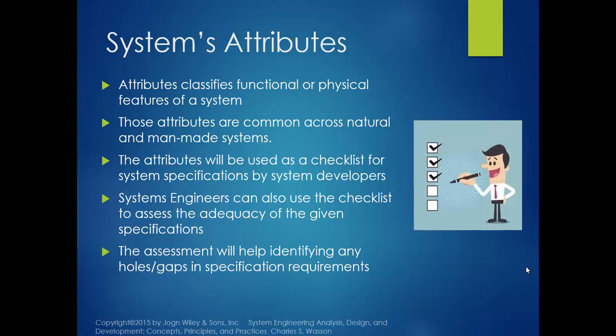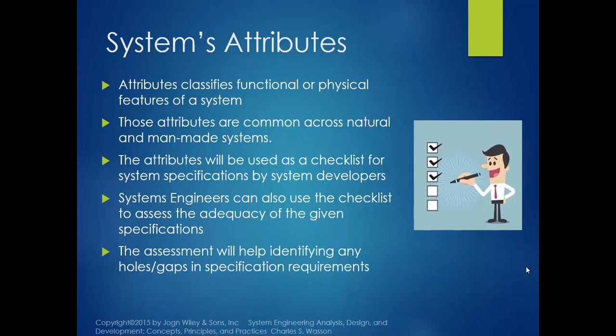The attributes will be used as a checklist for system specifications by system developers. Whatever attributes have been identified during the analysis, those are the checklist. When you are designing or developing a system, you will go through this checklist, making sure that you include each one of these attributes within the design of that system.